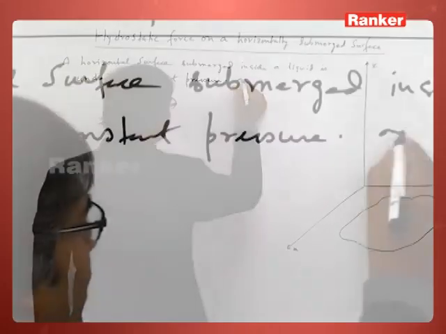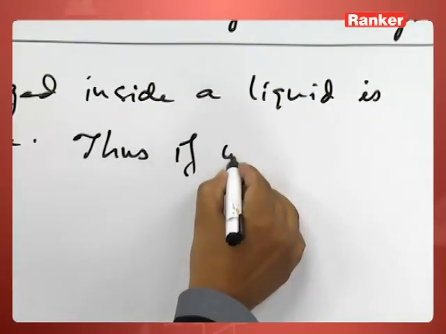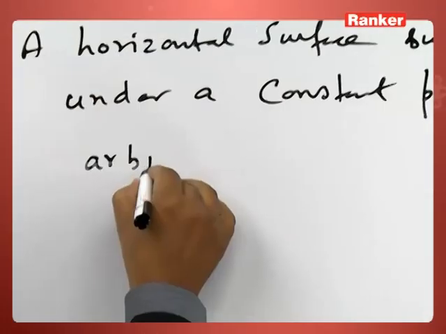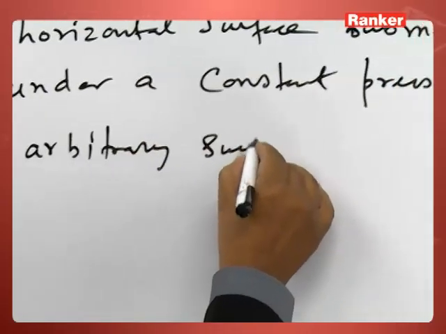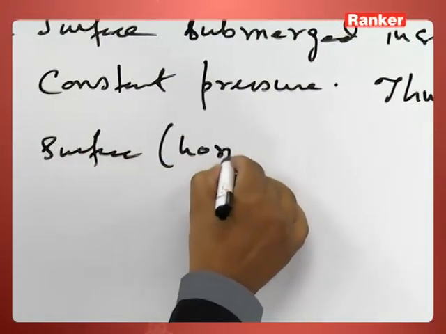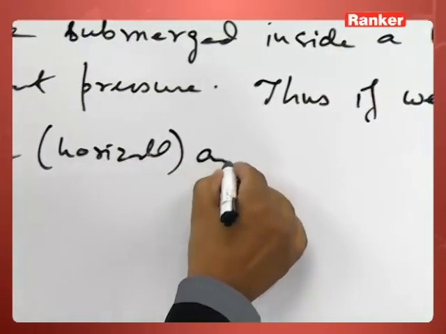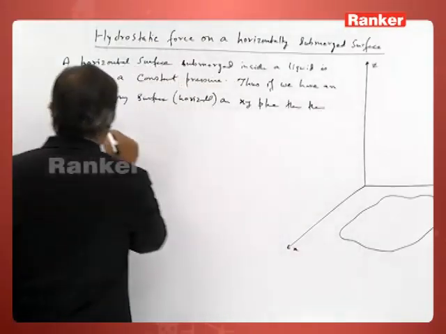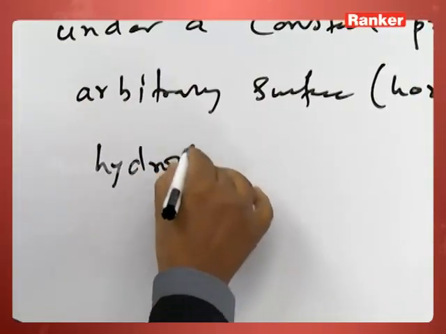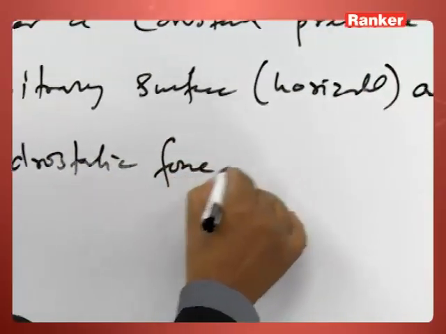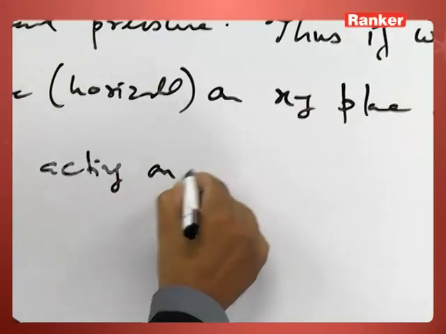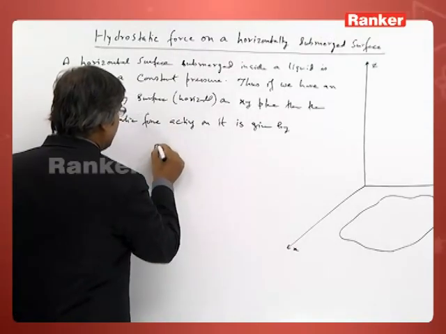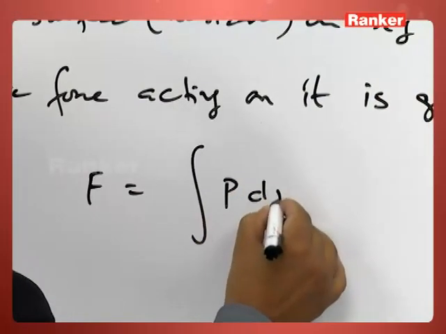So thus, if we have an arbitrary surface, in bracket horizontally placed, horizontal on the XY plane, then the hydrostatic force acting on it is given by the equation F is equal to integral P dA.